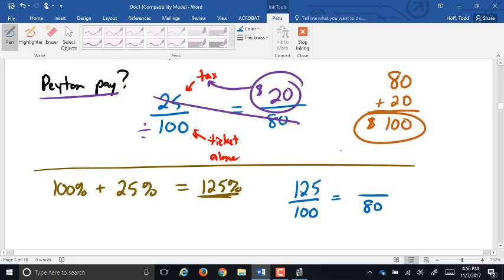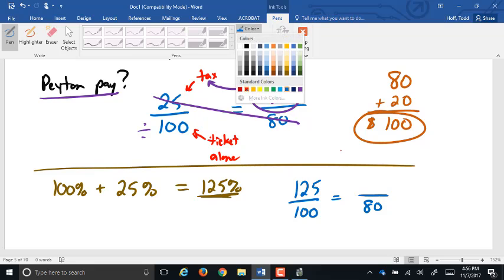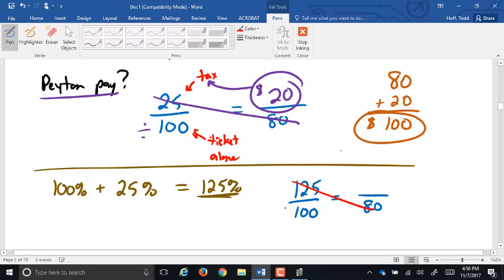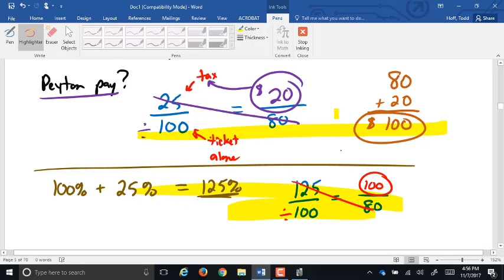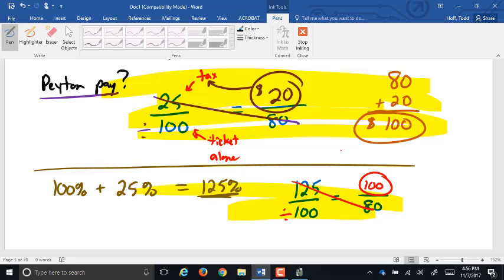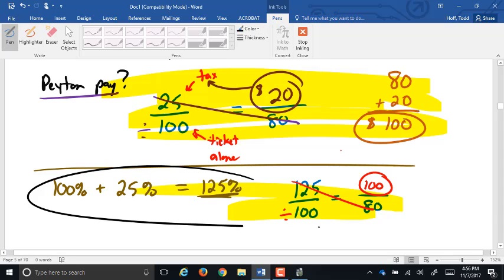So you can use 125% instead of 25. Now when you cross multiply and divide, 125 times 80 is 10,000. Divided by 100 is 100. So that $100, you get that all at once. Now looking at this may seem not terribly different in the amount of work compared to what we did up here. There are going to be problems where we have to use this idea.